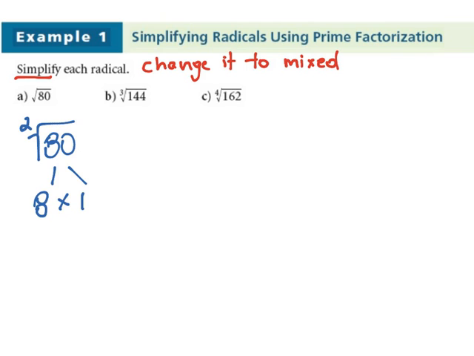So 8 times 10 is 80. And we're going to break it down to 2 times 2 times 2 and 2 times 5. Now since it is an index of 2, this means that we're finding groups that have the common number, and in each group we'll have 2 units.